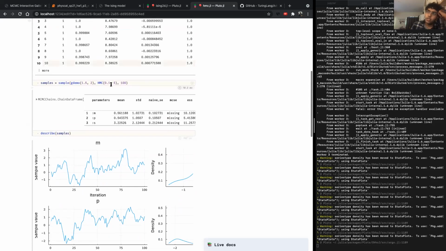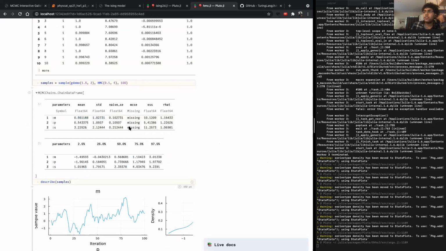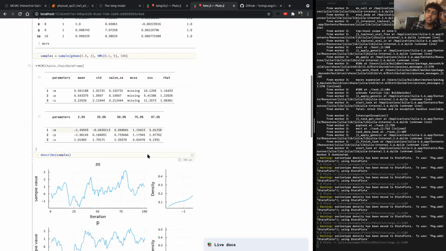You take 100 samples just to start with, just to get an idea of it, and you get some estimates of these things. M is this with this standard deviation, and there are other ways of measuring the error on these, and some confidence intervals. P is this with this standard deviation, S is that with that standard deviation.